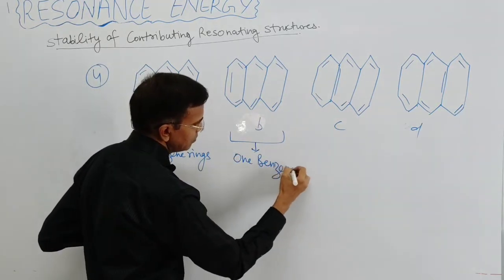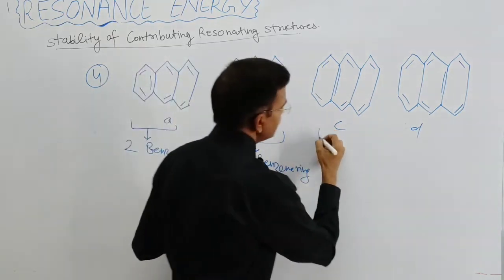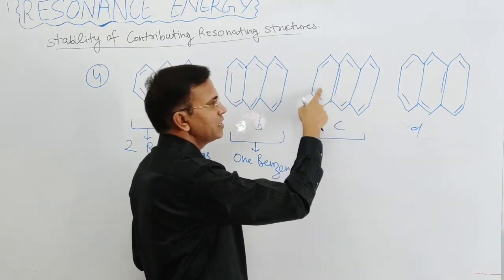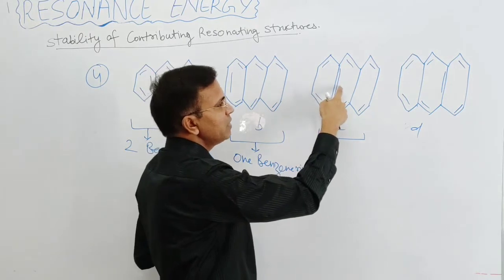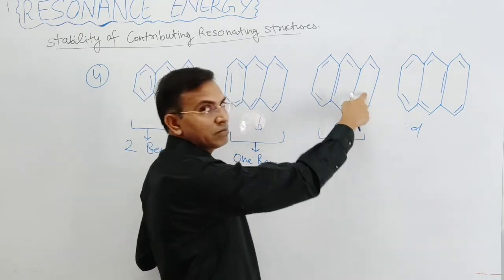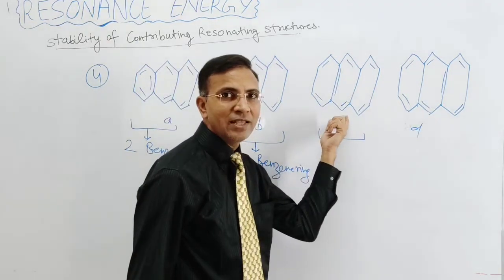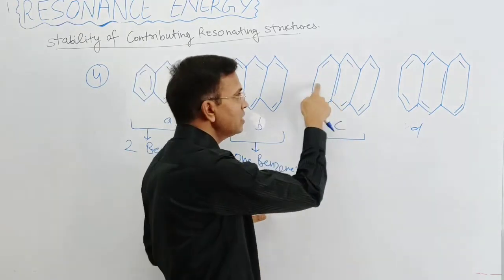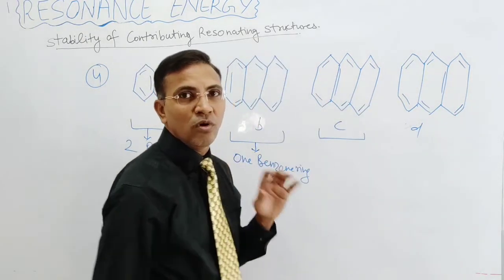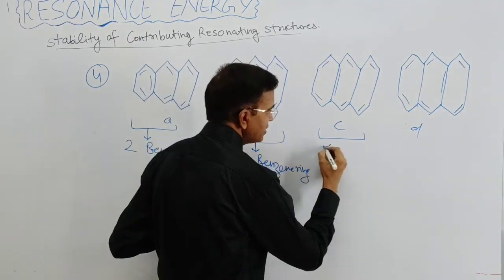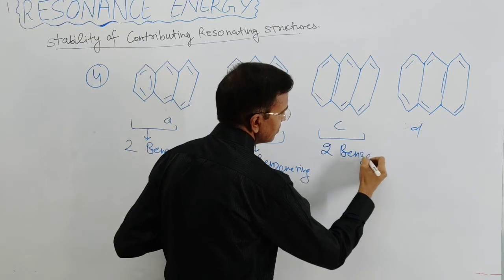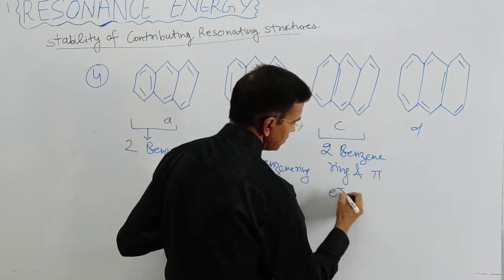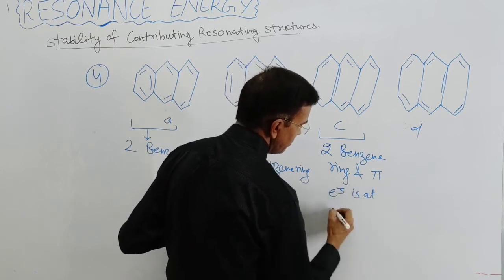Now in this question the pi electrons are shared with this as well as with this, and meanwhile this may be delocalized with this benzene ring. Because the middle ring has the double bond character, these pi electrons may be shifted to this as well as to this. So more delocalization. Two benzene rings and pi electrons at the middle ring.